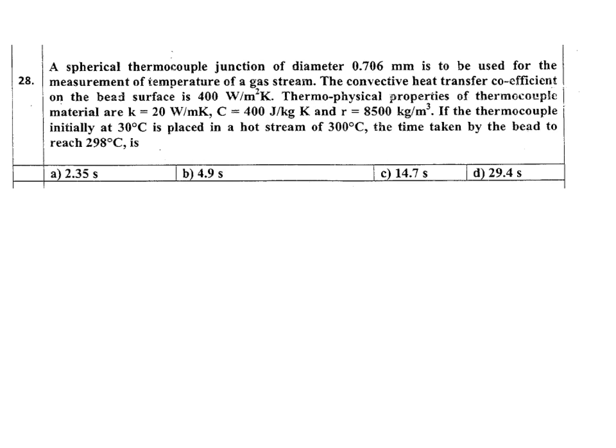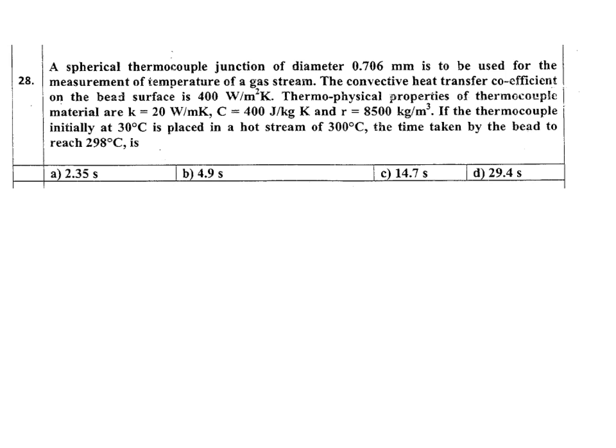Thermophysical properties of the thermocouple material are K equal to 20 watt per meter Kelvin, C equal to 400 joule per kg Kelvin, and rho, density, 8500 kg per meter cube. If the thermocouple initially at 30 degrees Celsius is placed in a hot stream of 300 degrees Celsius, the time taken by the bead to reach 298 degrees Celsius is how much?